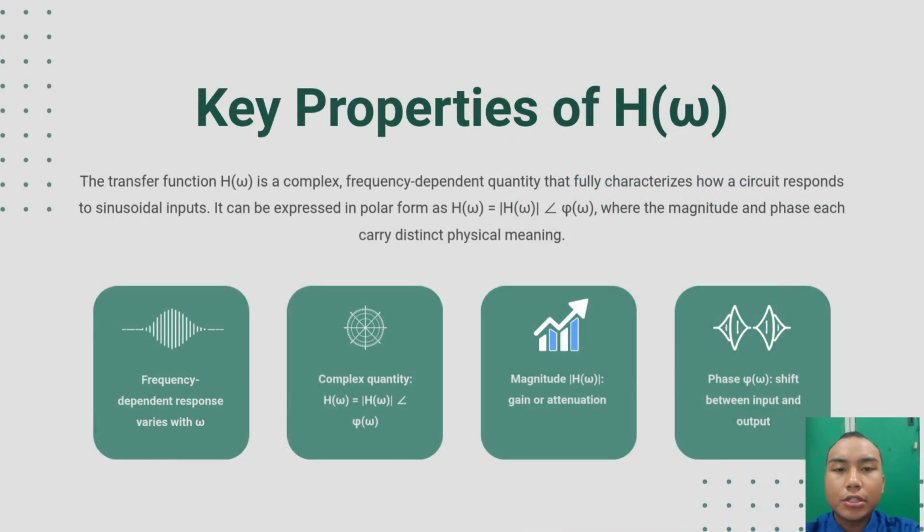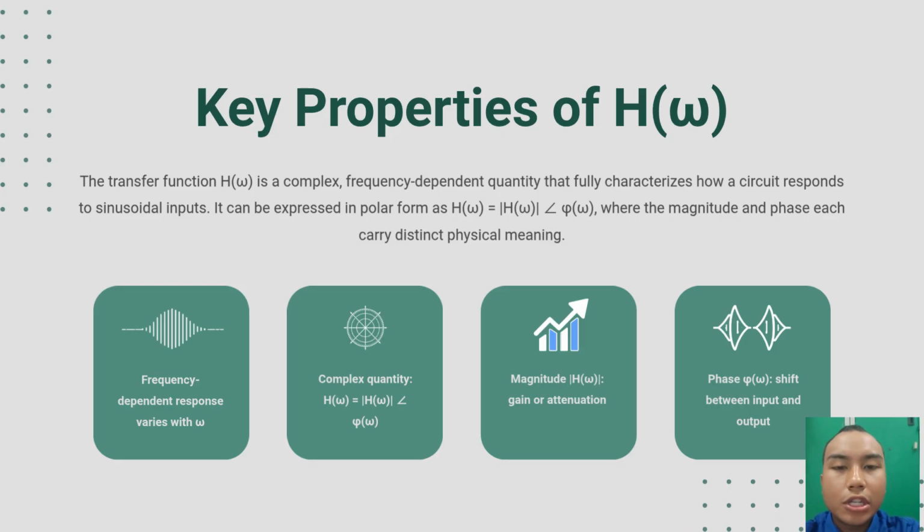Key properties of H(ω). The transfer function H(ω) is a complex frequency dependent quantity that fully characterizes how a circuit responds to a sinusoidal input. It can be expressed in polar form as H(ω) equals |H(ω)| angle θ(ω), where the magnitude and the phase carry distinct physical meaning.